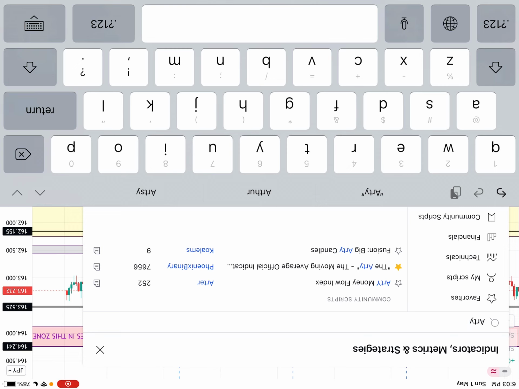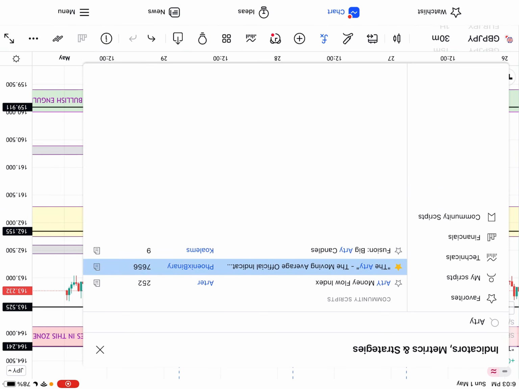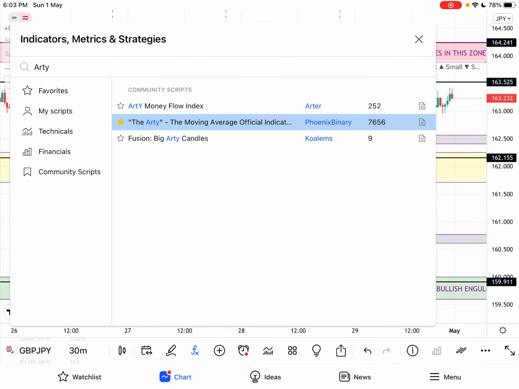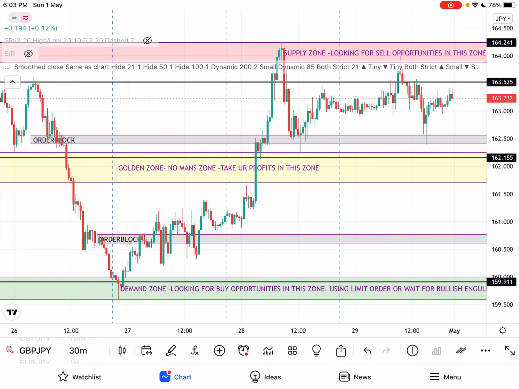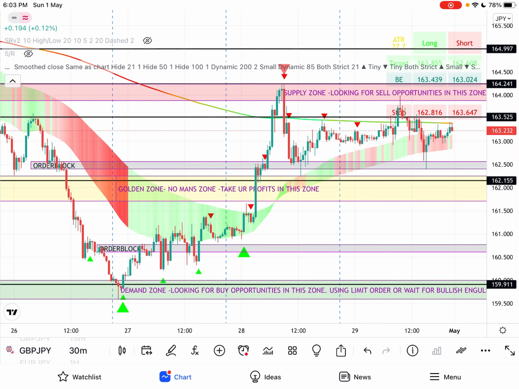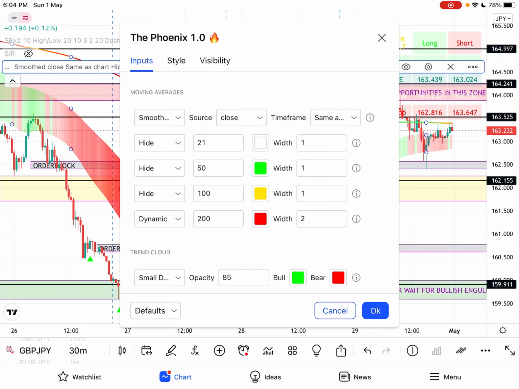It has about 7,600 community likes. Is that okay? So select that. I hope it's added to our charts. Okay, now it's a lot. There's a lot going on, but you're not interested in all that. All you're interested in is the take profit and the stop loss value. So we'll hide everything.